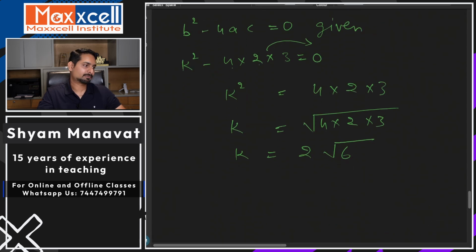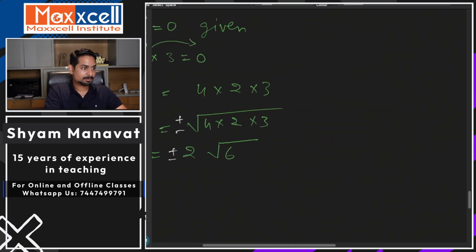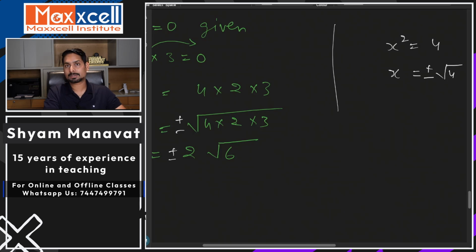Well, with this I will also use the sign plus minus. You know why? Whenever you have this, like if you say x square, I'm taking another example, okay? Suppose you say x square is 4. So for x, when you put the square root at both sides, this will become x and this will become plus minus root. Keep in mind, when you put square root or remove the square sign, on the other side you will get plus minus.